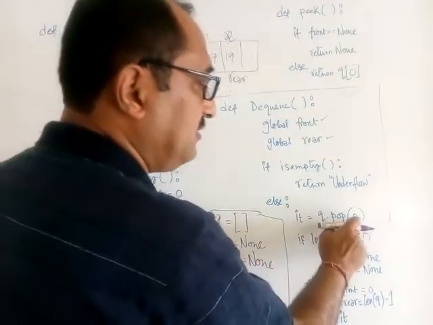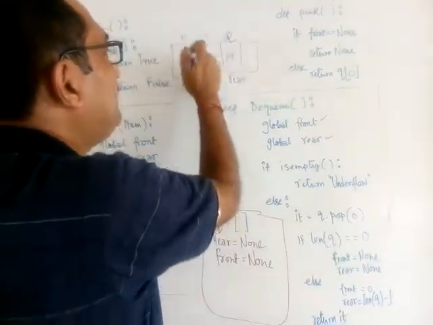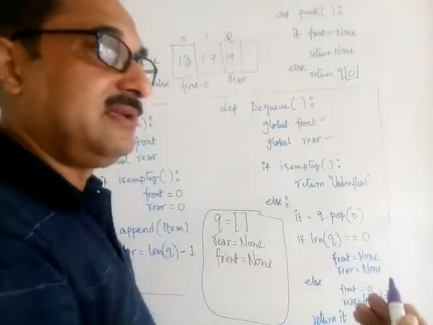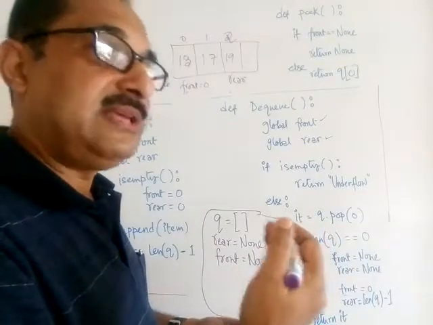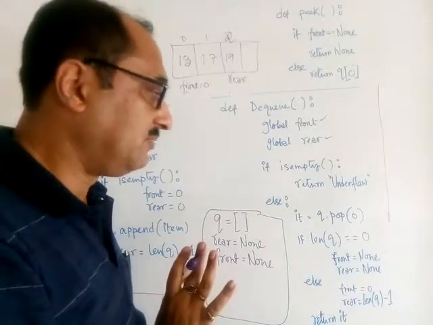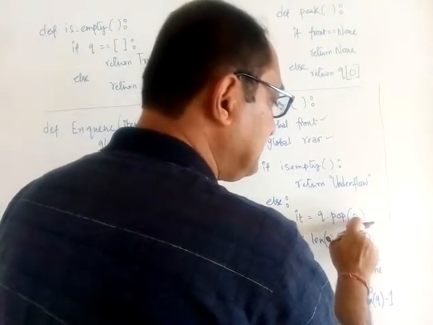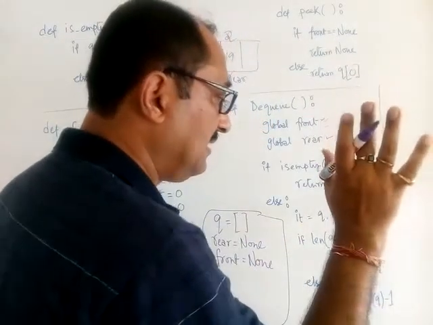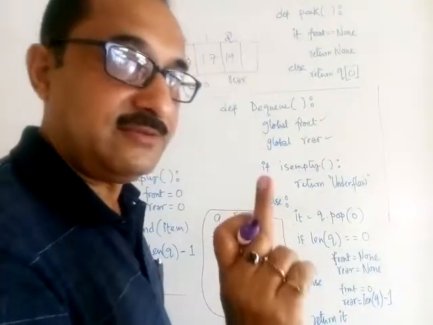I already explained why the 0th cell is always to be popped, because front will always be placed here. Whenever we remove something, the list will rearrange all the indexes. So therefore the 0th element will be the only element to be removed always. Whatever you find at the 0th index, that item is removed from the list, and that item is stored also by IT. IT gets a copy of that value.